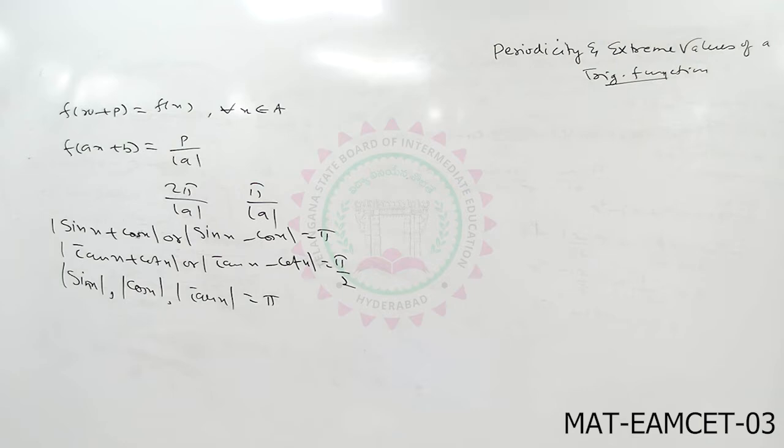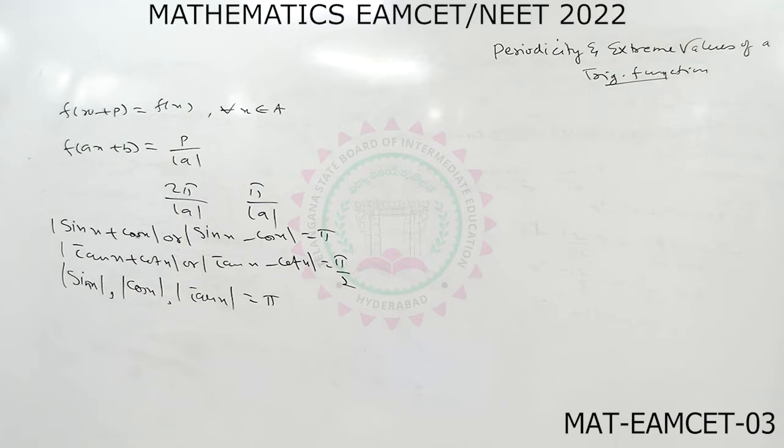Similarly, sin power 2n x plus cos power 2n x has period pi by 2.